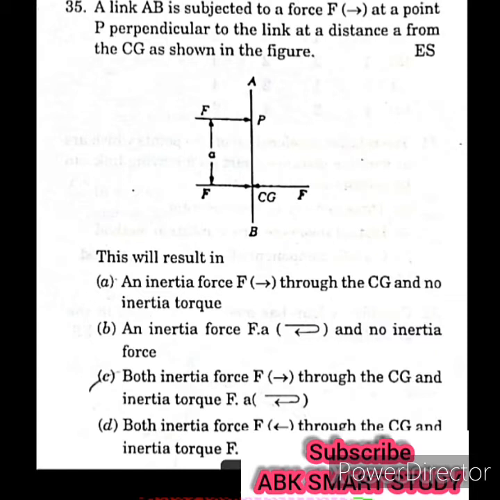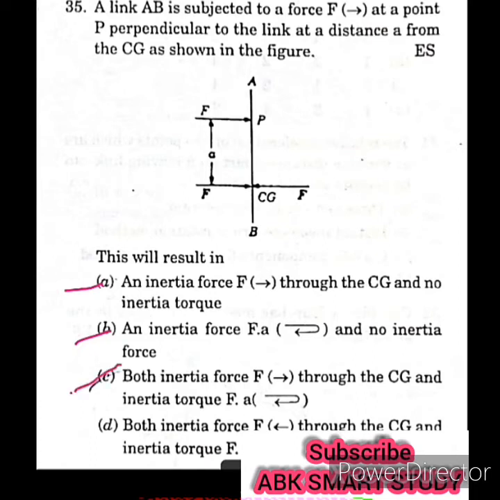So this will result in force F at point P, and the CG is at a distance apart from that point P. So here the options are: A, an inertia force F through the CG and no inertia torque; B, an inertia force Fa and no inertia force.